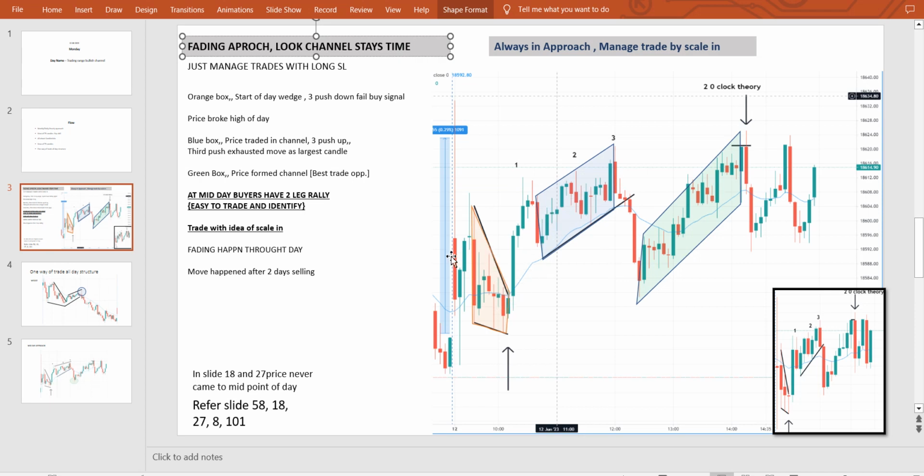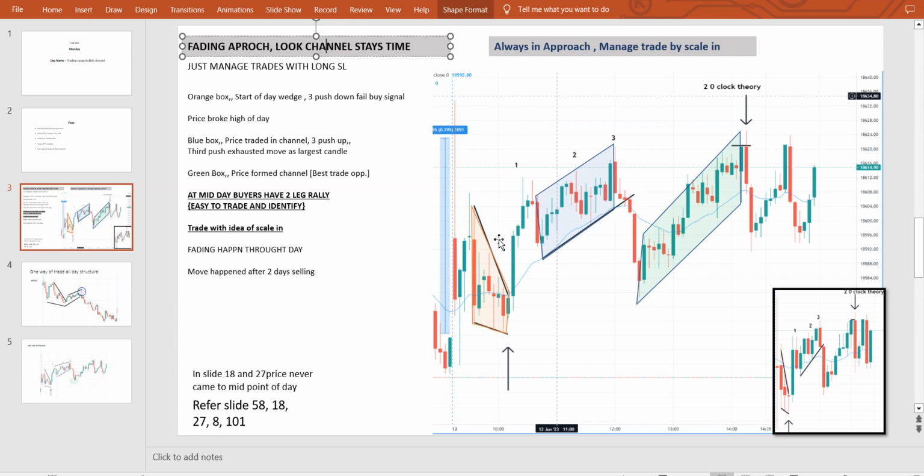Like this is the wedge channel where price stays 1 2 3 4 5 6 almost half an hour. Here also that happened. This is 1 hour bullish channel so stayed here. This also happened. So what you can do is you can trade channel as well.